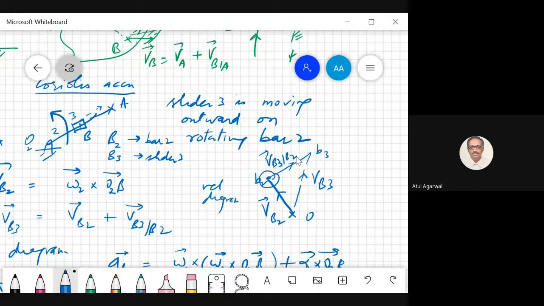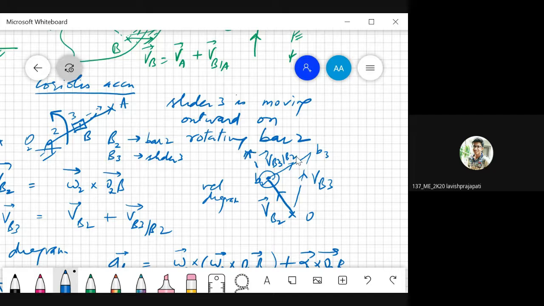So the angular velocity vector of bar 2 is pointing towards you, normal to the plane of the screen. And this velocity of B3 with respect to B2 is outward in that direction. So what is the cross product of these two? In which direction will it be? If you take the cross product, it will go in this direction.